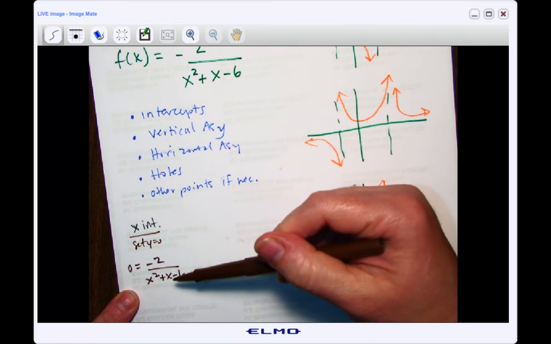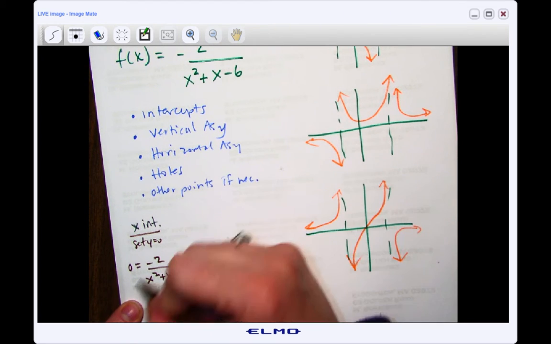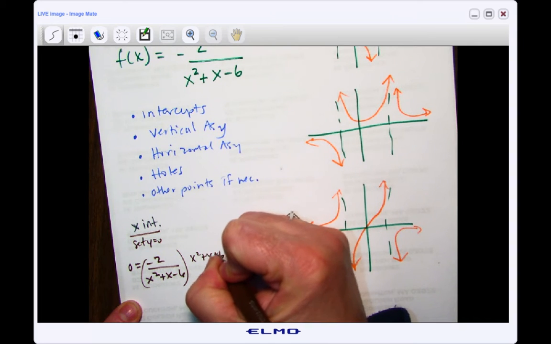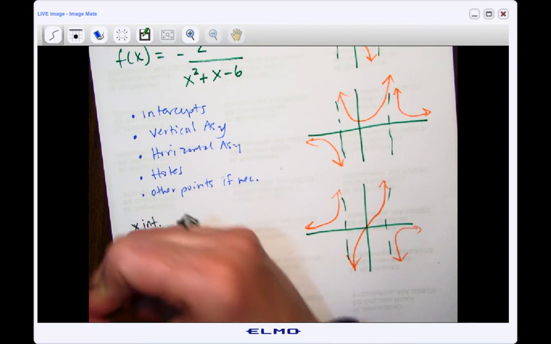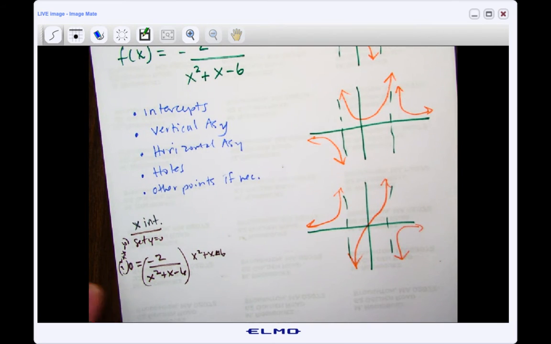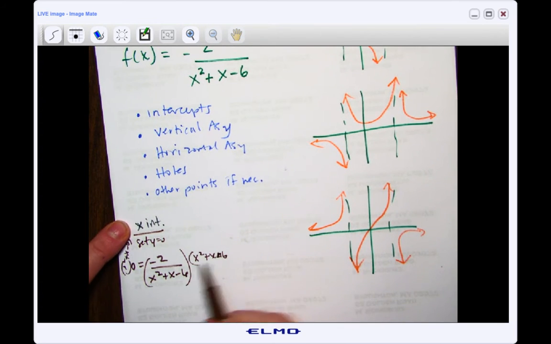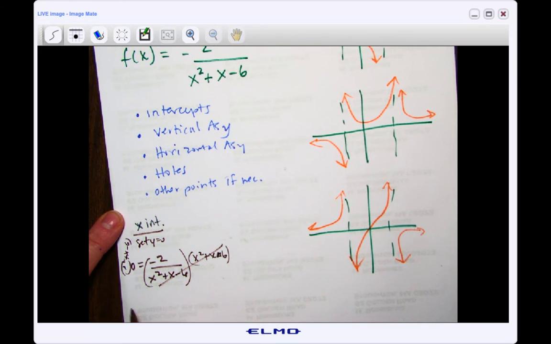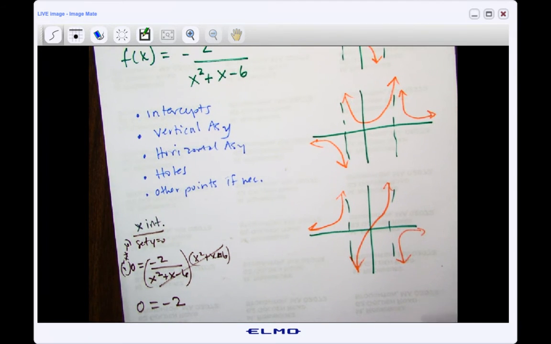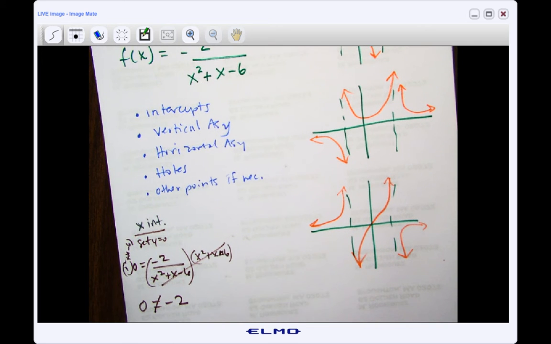But not the bottom at the same time. Or another way to think about it is if you multiply both sides by the denominator, x squared plus x minus 6, I didn't really leave enough space, what happens is these denominators cancel out, and this side becomes 0. And now we have something that says, oh, well, that can't be true. So that means that there are no x-intercepts.